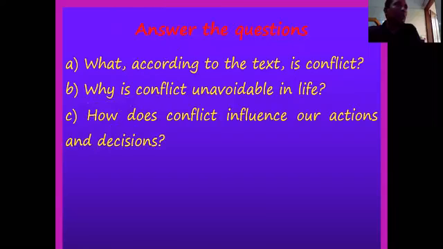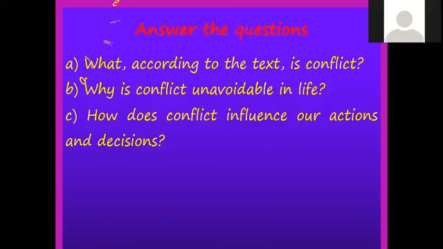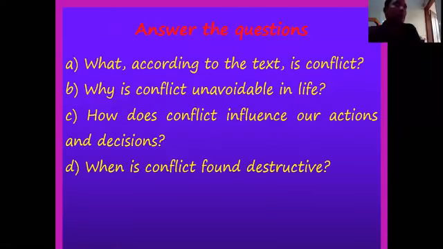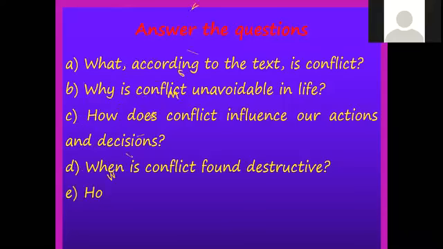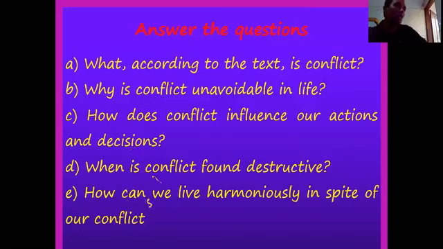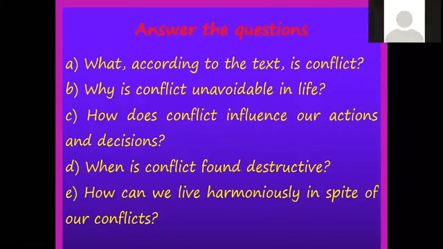Our third question is how does conflict influence our actions and decisions? Our fourth question is when is conflict found destructive? And our last question is how can we live harmoniously in spite of our conflict?